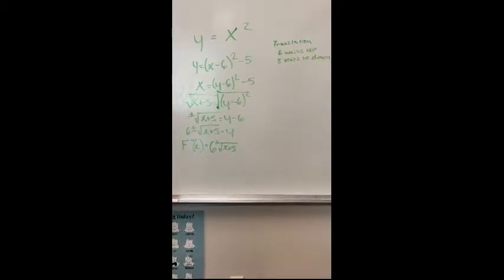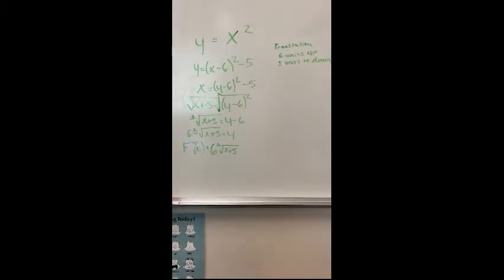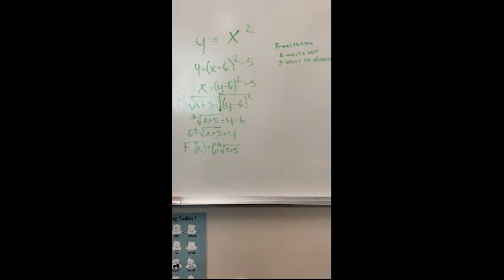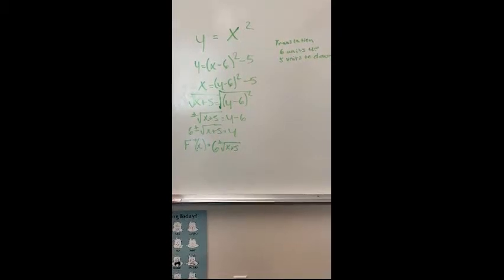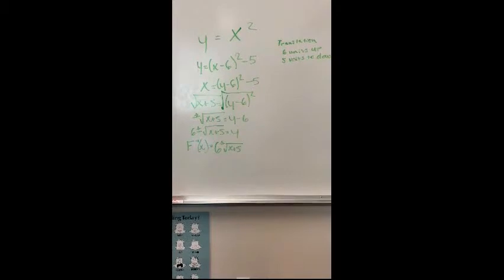Then you would add your 5 to both sides, getting x plus 5 equals (y minus 6) squared, and then you would square root both sides to isolate your y, and they would give you plus or minus the square root of x plus 5 equals y minus 6.